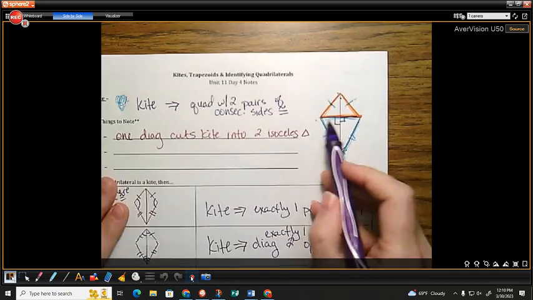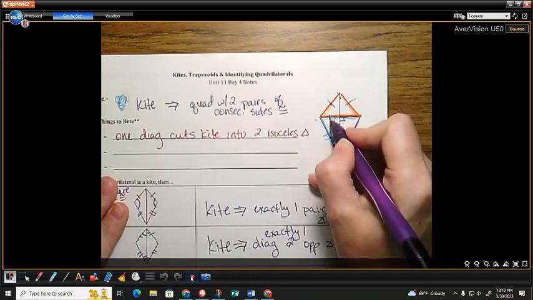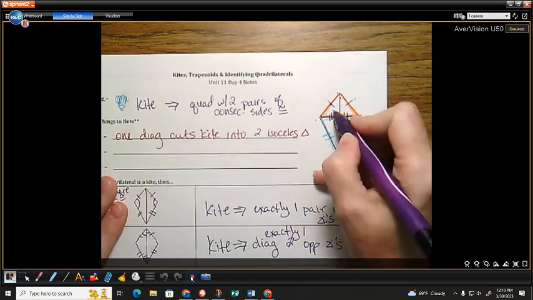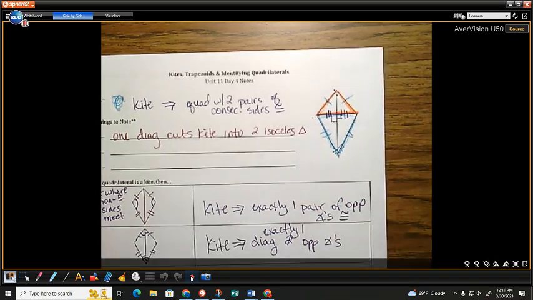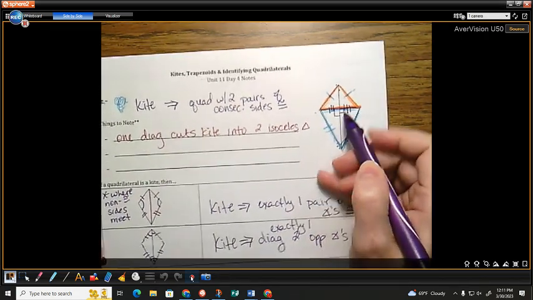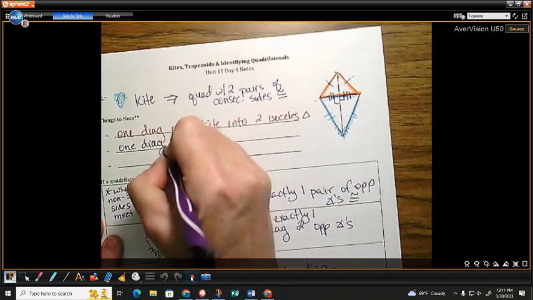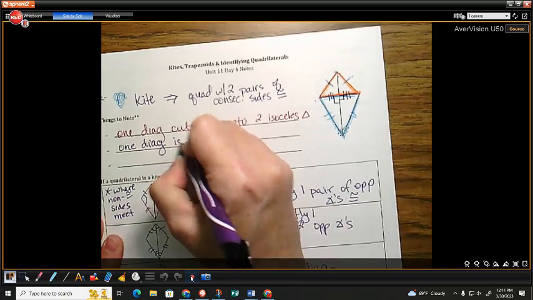So what's true about those altitudes? They are congruent. But wait, those altitudes together make what part of the kite? The middle. That's a diagonal. So one of the diagonals is bisected by the other.